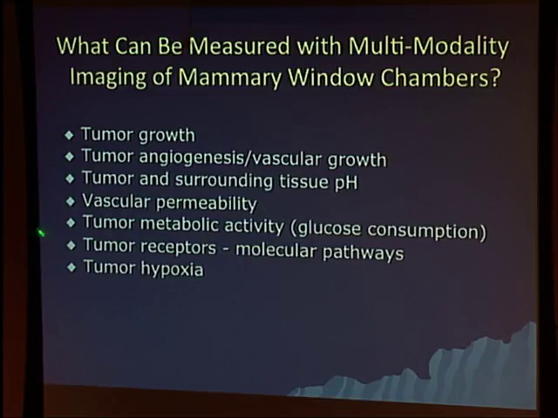Vascular permeability, metabolic activity, the glucose consumption of FDG, receptors, molecular pathways, hypoxia, all these things I think are doable, all in the same setup, with the same co-registered ability to look at how things relate to one another.